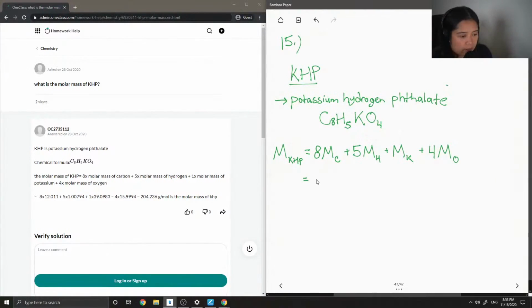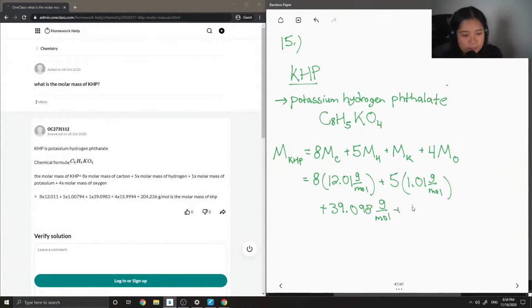So now I'm just going to sub in all of their molar mass values. Carbon has a molar mass of 12.01 grams per mole. Hydrogen has a molar mass of 1.01 grams per mole. Potassium has a molar mass of 39.098 grams per mole.